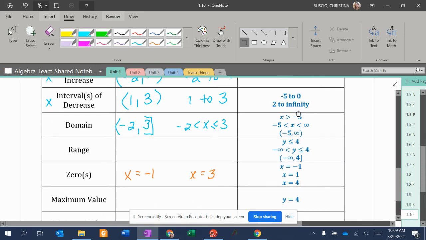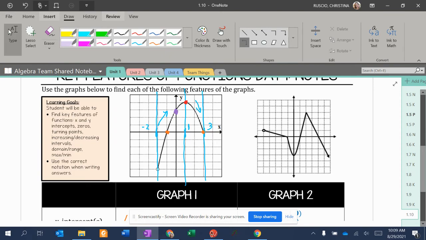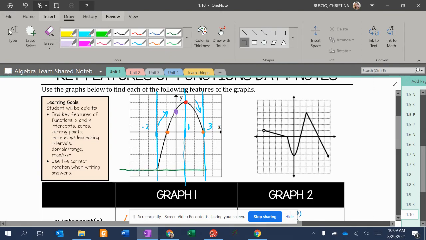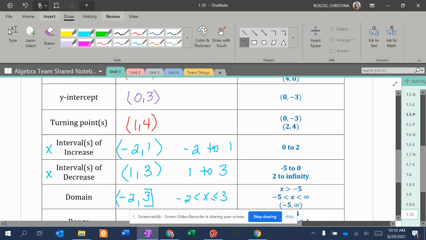Okay, let's take a look at the range, which we're used to finding. So the range is how low can you go to how high can you go. There is a point there, so that means it's closed, but notice how it starts at an open point. So that's 1, 2, 3, 4, 5, -5, 1, 2, 3, 4, +4.